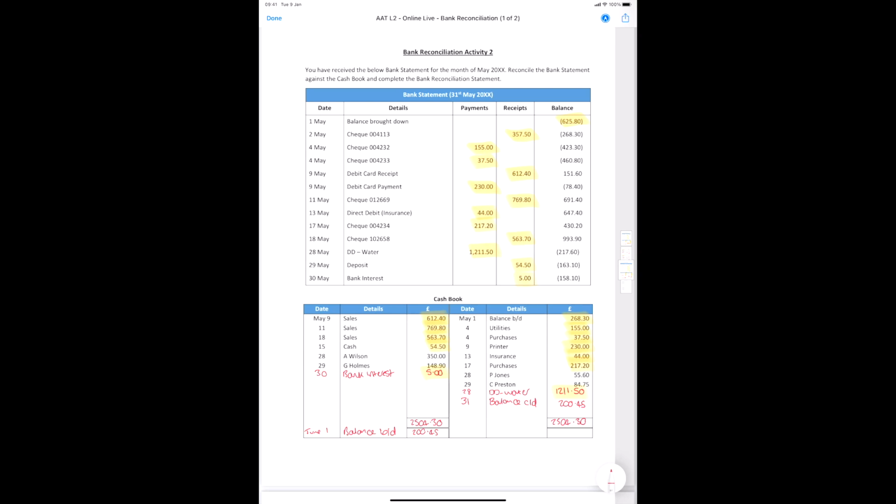That's something that we just need to note at this point, because we've gone from being overdrawn on the 1st of May to being positive funds on the 1st of June. Notice on the bank statement, because we're going to have to make these balances match, that we're still showing as negative at the end of the month in the bank statement.